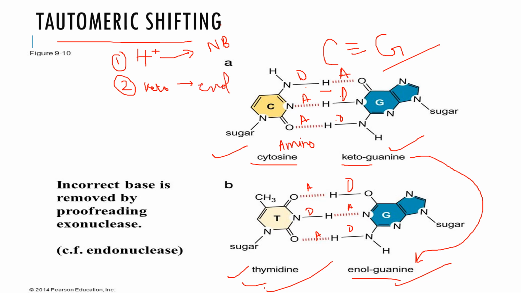So whenever there is a question about tautomeric shifting, remember it is the shifting of hydrogen ions in the nitrogenous base. After the shifting of the hydrogen ion, keto guanine is converted into enol guanine, and now enol guanine cannot form a bond with cytosine, it will form a bond with thymine. And there is one more thing: tautomeric shifting leads to transition.